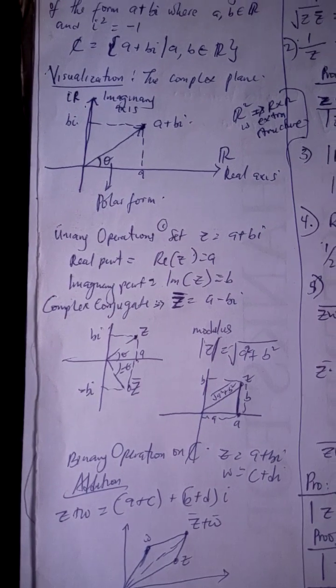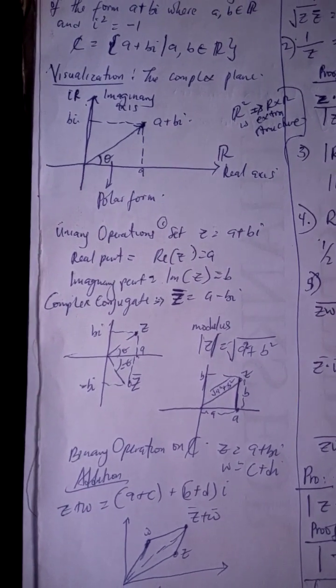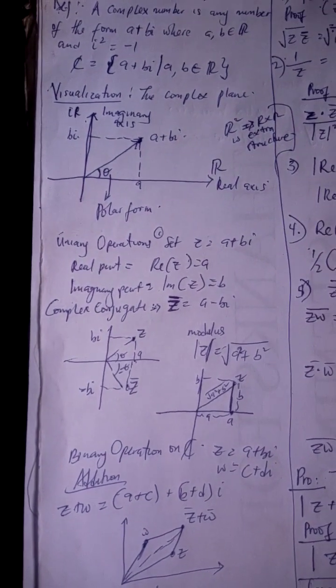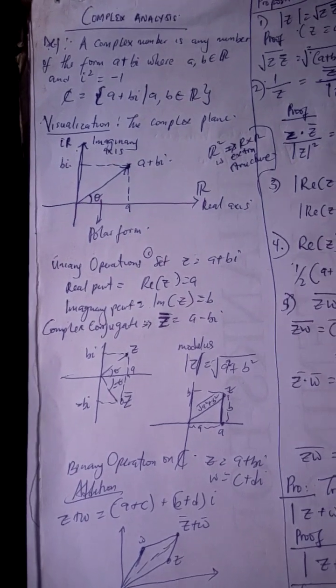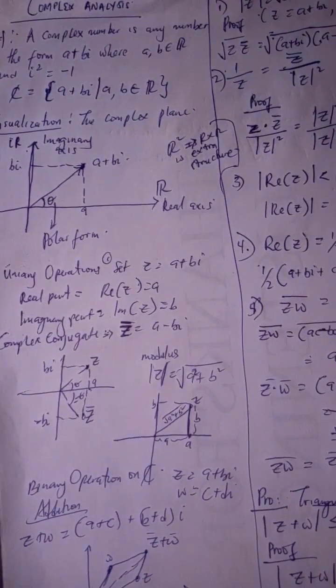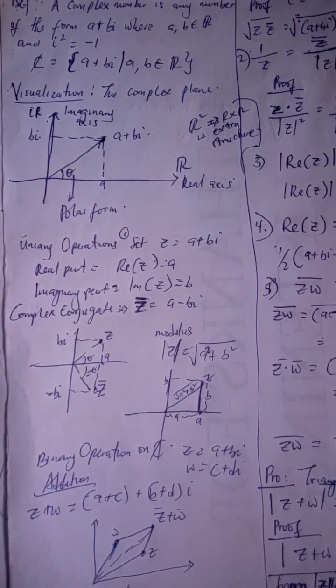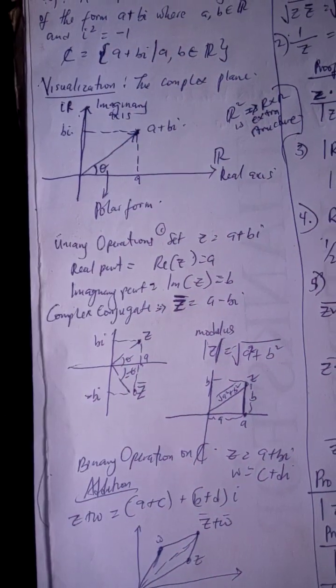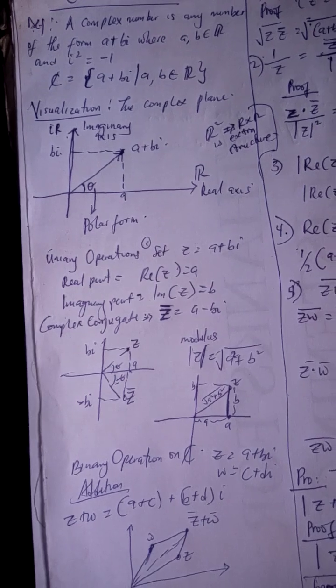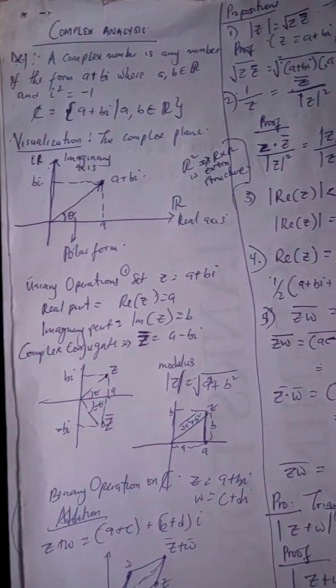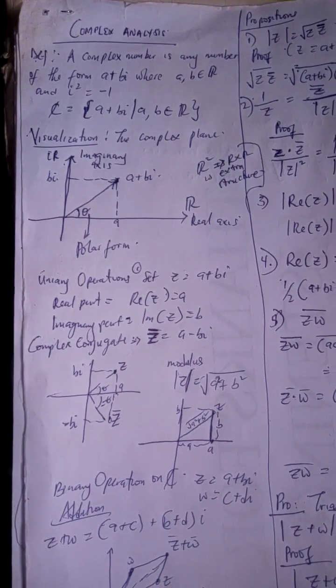Now we also have what we call the complex conjugate. These are some of the basic things which you are still going to be using under this course. The complex conjugate is denoted with z bar.